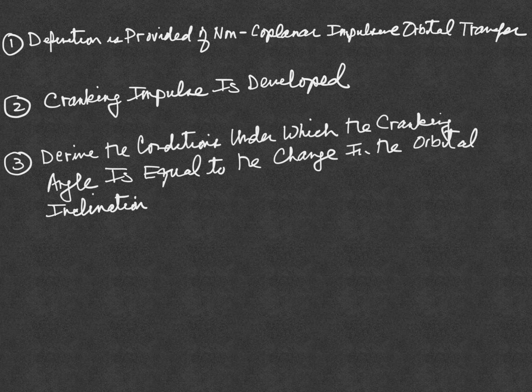Because it turns out that the angle by which the velocity is rotated to rotate the orbit plane is not in general equal to the change in the orbital inclination. But there are conditions under which the cranking angle does lead to an equal change in the orbital inclination. And we'll go through and derive all those conditions.